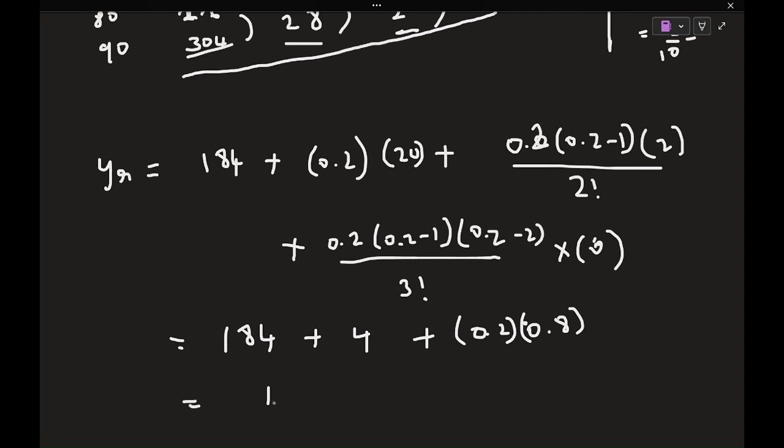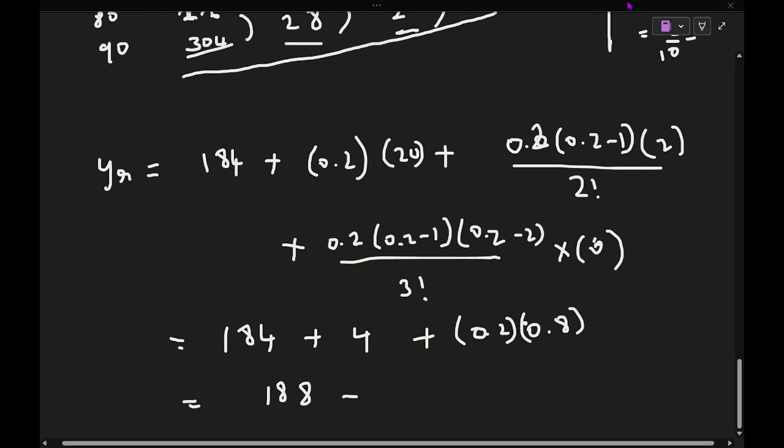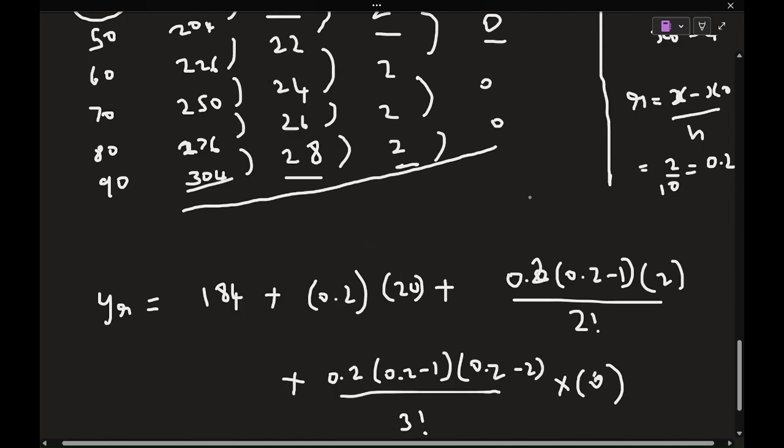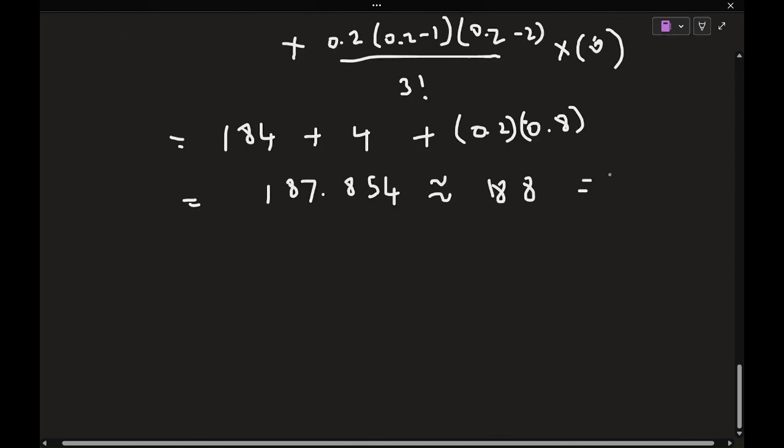So now I have 188 minus 0.8 into 0.2. When I do this, I'll get my final answer as around 187.854, which is almost equal to 188. So the value of f of 42 is 188.